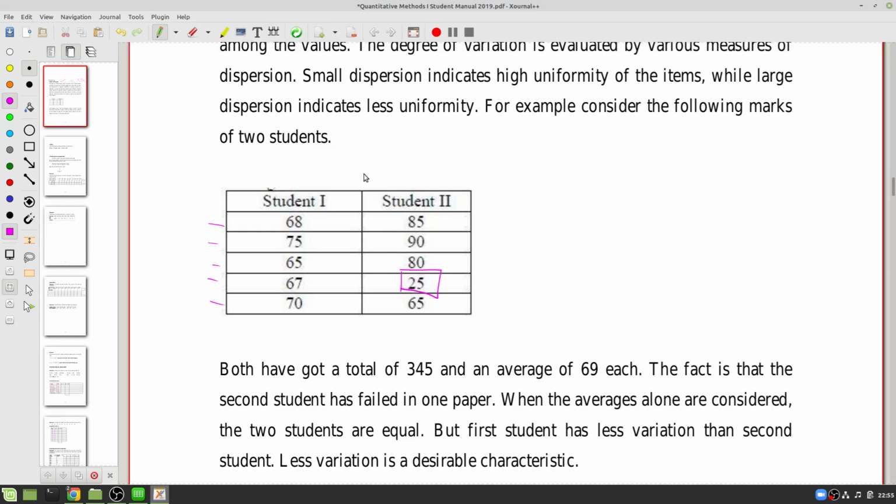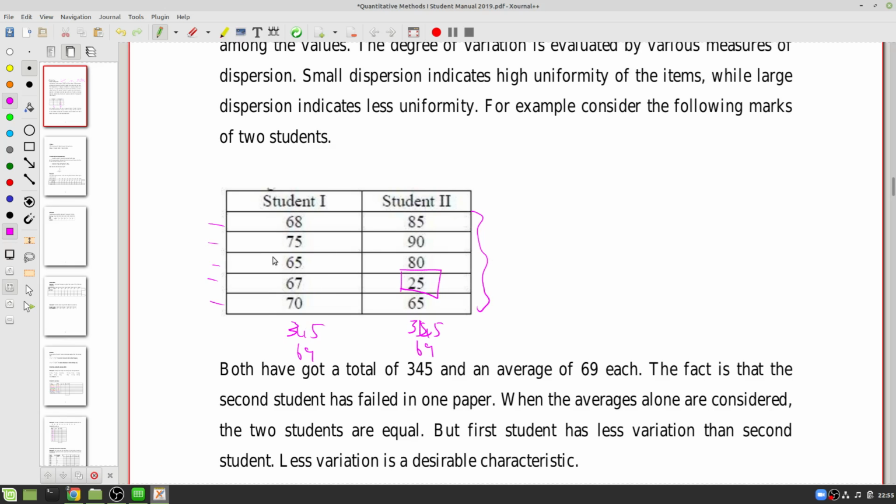If we compare them, they both have a total of 345, and the average of both is 69, the mean. So it looks pretty similar, but student 2 has one thing that stands out. So student 2's measures of dispersion will be wider, because not everything is very close together like in student 1.